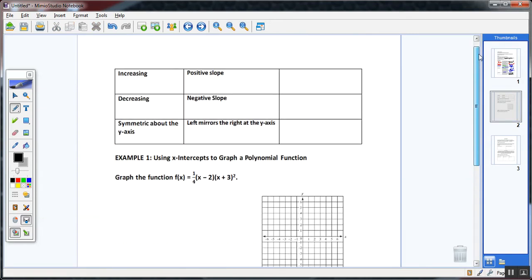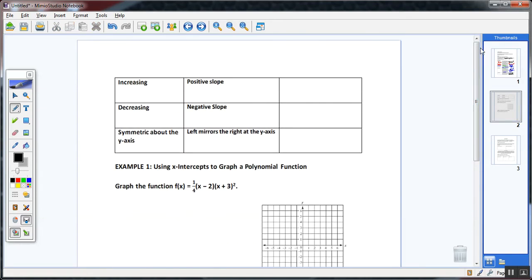Oh my gosh, there is more vocabulary. If a graph is increasing, what kind of slope will that part of the graph have? Okay, so I might say, part of a polynomial function with all the curves, I would say something like this.